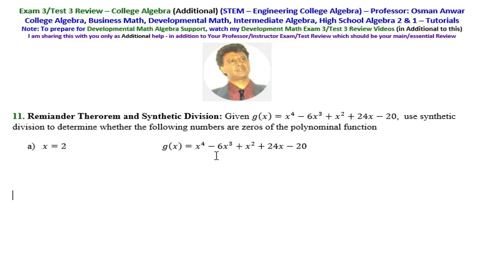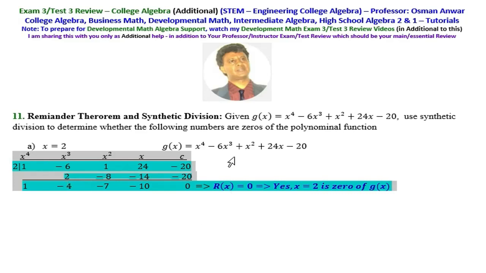And g of x is x to the 4th minus 6x cubed plus x squared plus 24x minus 20. Then we synthetic divide this by 2. So 1 for x to the 4th, minus 6 for x cubed, 1 for x squared, 24 for x, and minus 20 for the constant. So synthetic divide this by 2.